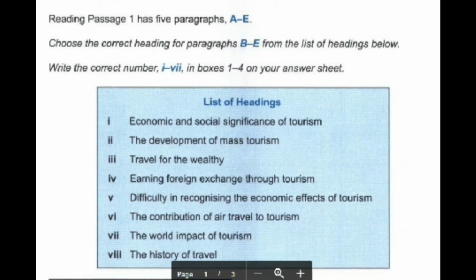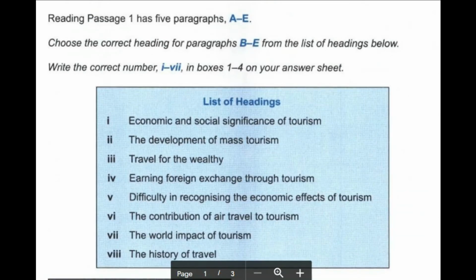If we look at the heading at number one, economic and social significance of tourism, don't be tricked with this, because economic and civilization, and the word civilization means social, this is the synonym. These two keywords are used as a reference for the explanation, but the central idea is more about the history and travel.